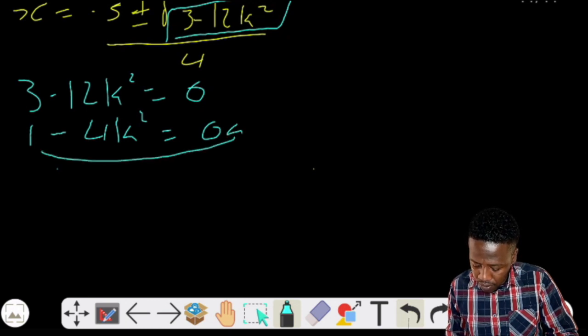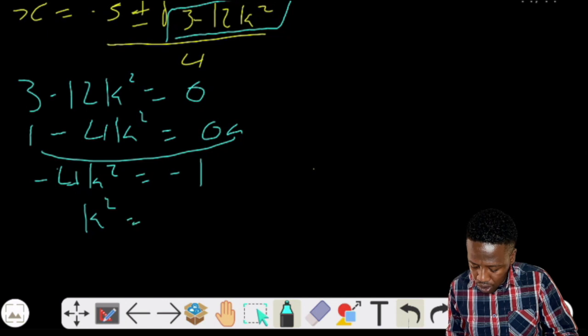And let me move my 1 to the other side. I'm going to have minus 4k squared equals minus 1. Let's get rid of the negative by dividing by negative, meaning we are going to have 4k squared equals 1.